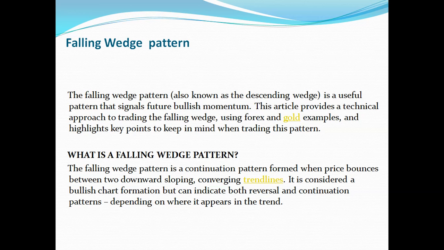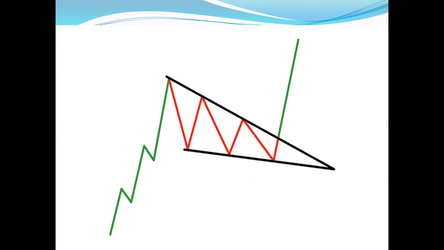It is considered to a bullish chart formation but can indicate reversal and continuation pattern depend on where it appears in the trend. You see the diagram of falling wedge pattern.